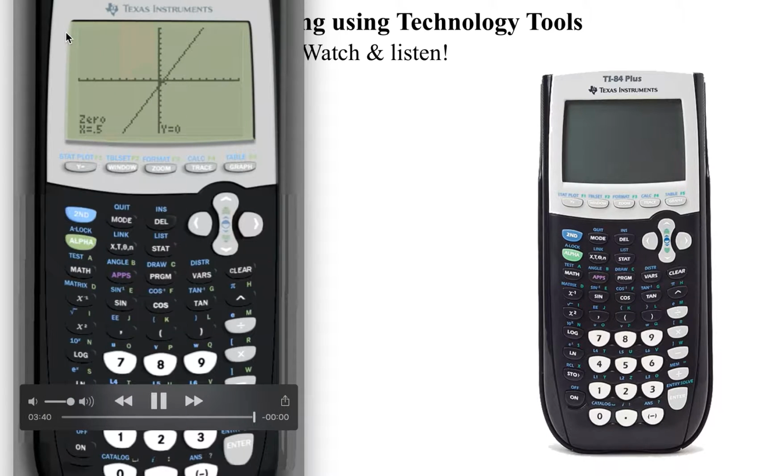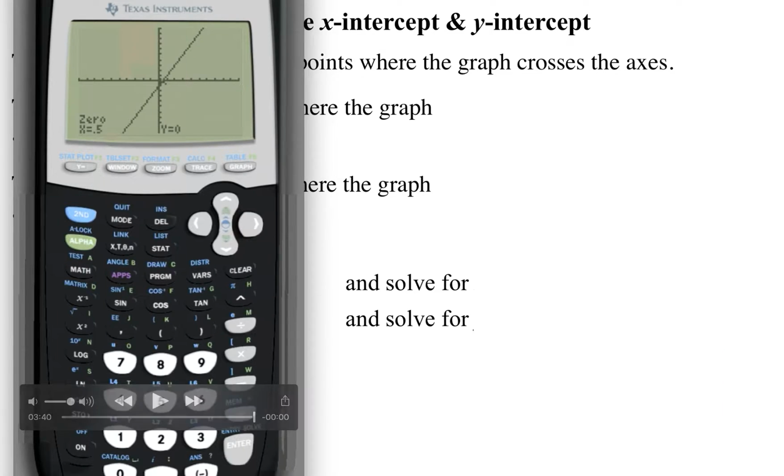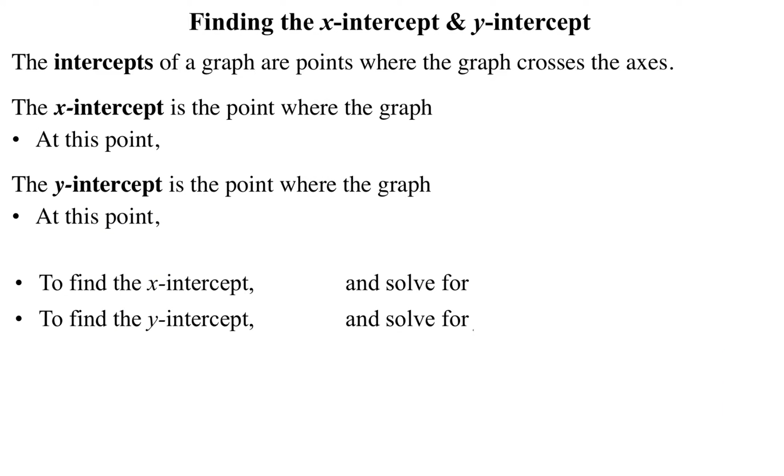All right, so there you have it. I need to get rid of the calculator here. So to find the x and y intercept using algebra, those are basically just points where the graph crosses the x or y axis. The x-intercept is where the graph crosses the x-axis, and at that point y is equal to 0.